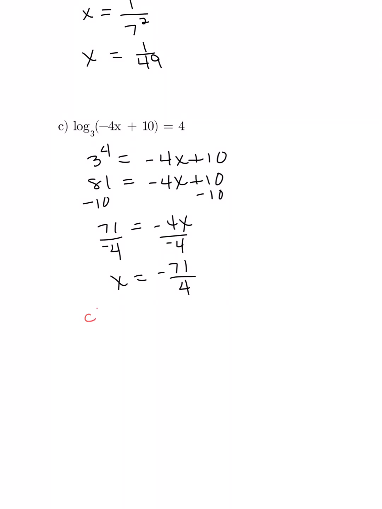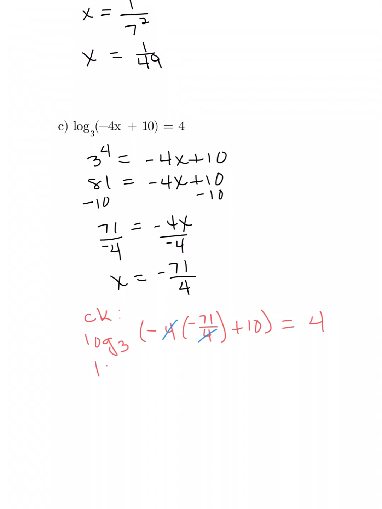Now let's check our answer. We have log base 3. In our quantity, we have -4 times our answer that we got of -71 over 4 plus 10, close quantity, equals 4. Well, first of all, the negative times the negative is going to give us a positive, and the 4 in the top, 4 in the bottom gives us 1.